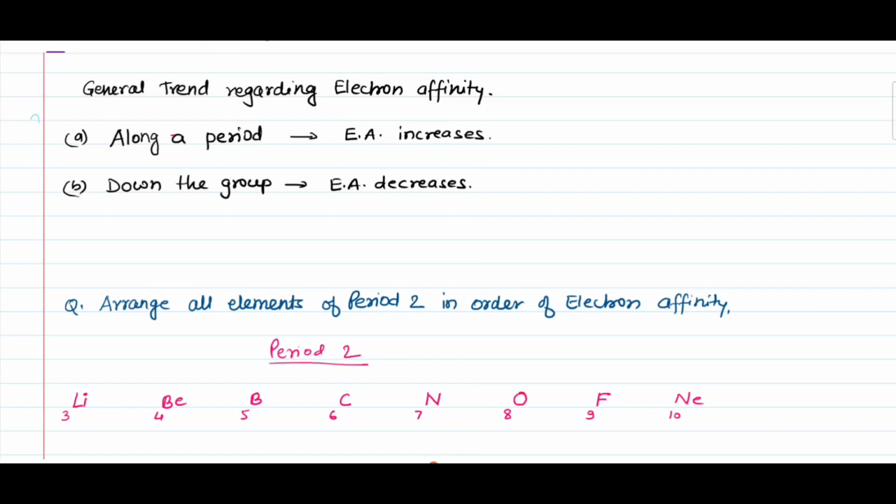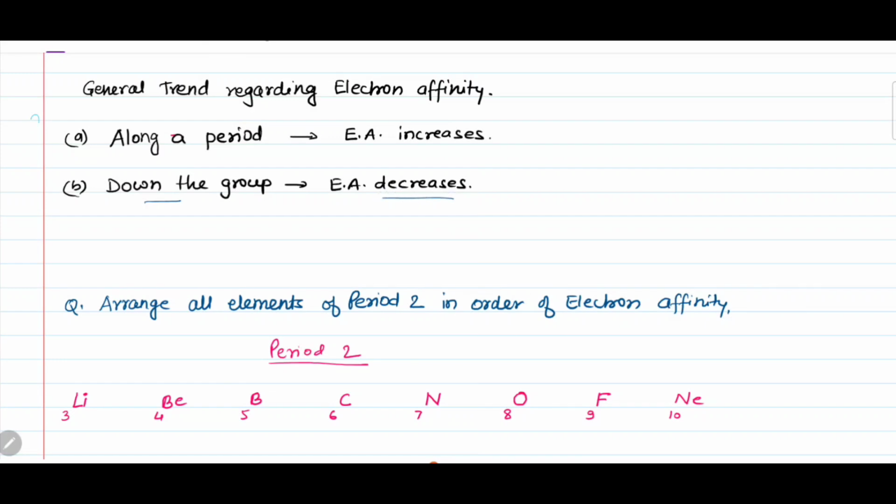But when we move from up to down in any group, the number of shells increases because atomic size also increases, and the distance between the nucleus and the electron increases. So the nucleus does not attract with great force and electron affinity decreases.